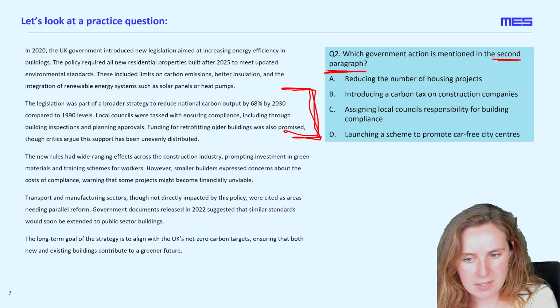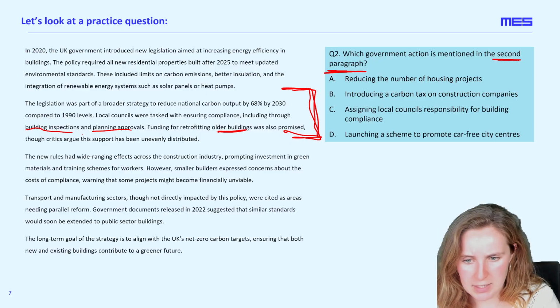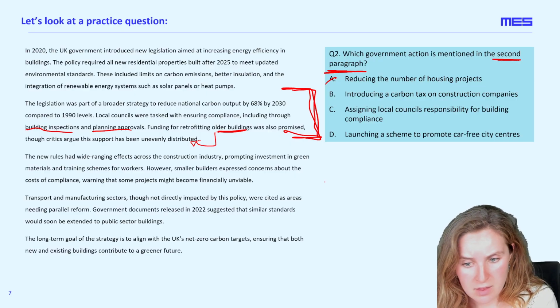We're seeing older buildings, and we're seeing planning approvals and building inspections. We can't say anything about housing projects in particular or them being reduced, but rather that they hadn't actually done the retrofitting they needed to. So that doesn't seem right. Introducing a carbon tax on construction companies.